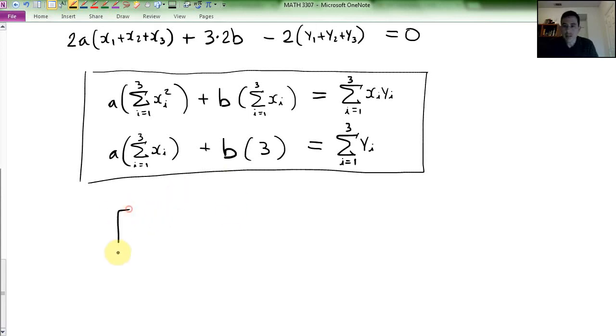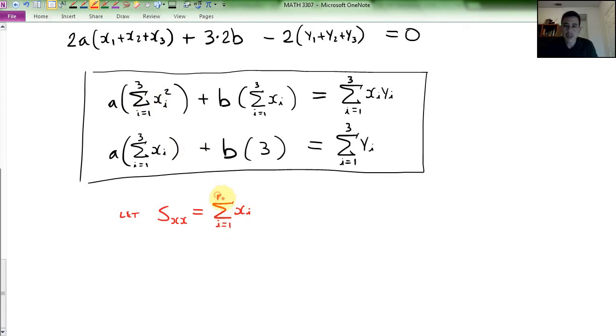So it's very easy to solve. By the way, these terms have special names. This one here, they call it SXX, the summation of the xi squared. So n is the number of points; if you have 3 points, then it will be a summation of 3 x's there.